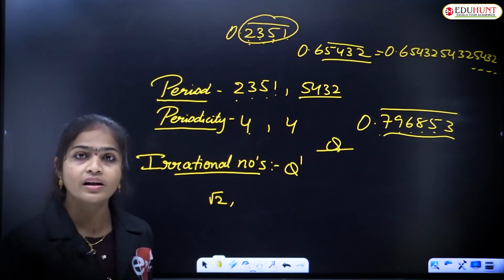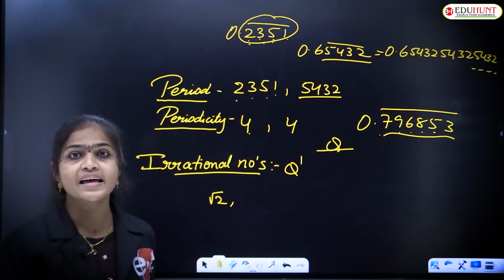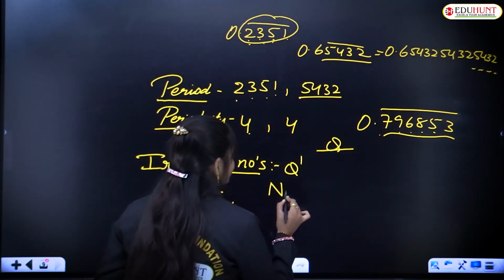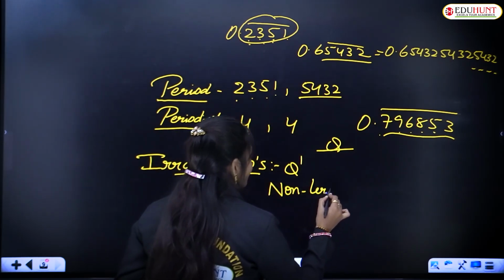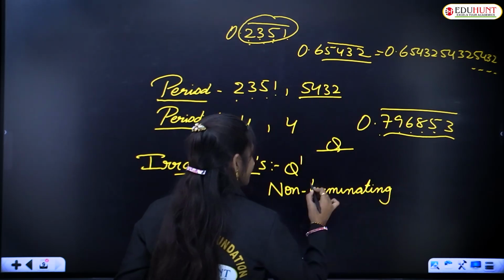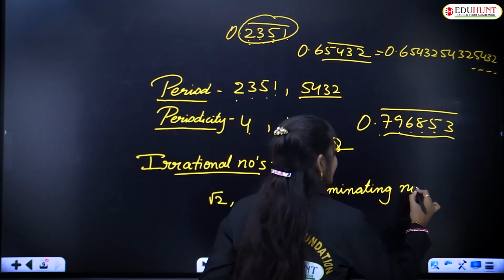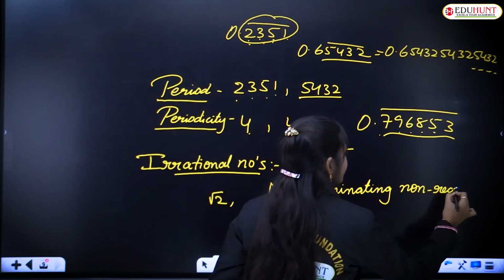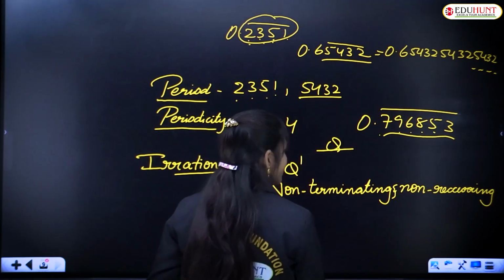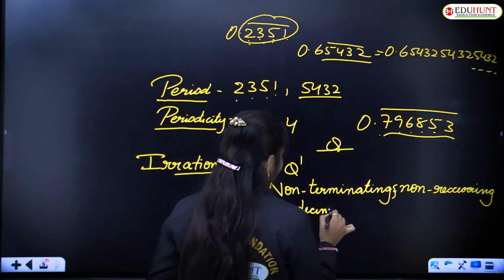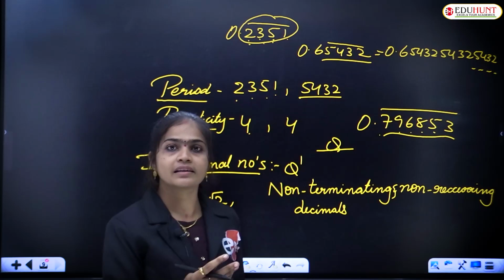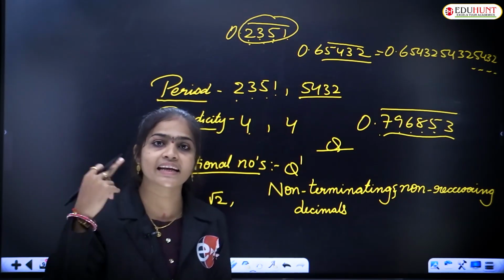So here non-terminating, non-recurring decimals are known as irrational numbers. Before, we discussed terminating decimals and non-terminating recurring decimals.